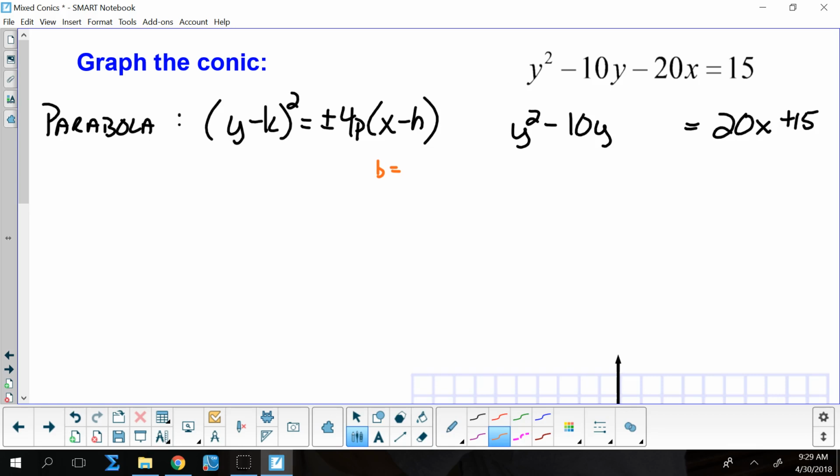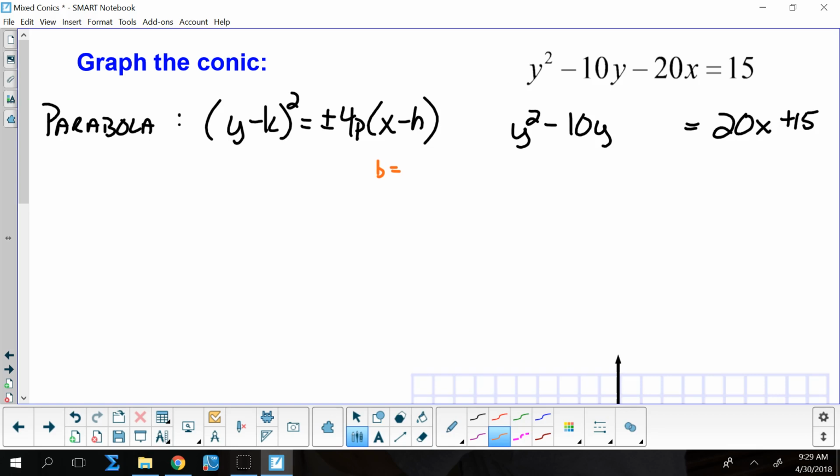Which variable am I running completing the square on? X or y? There's only one squared, so there's only one answer.